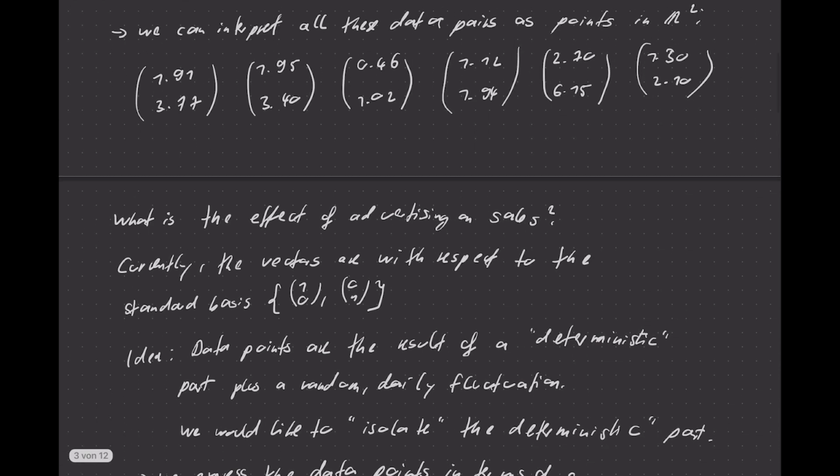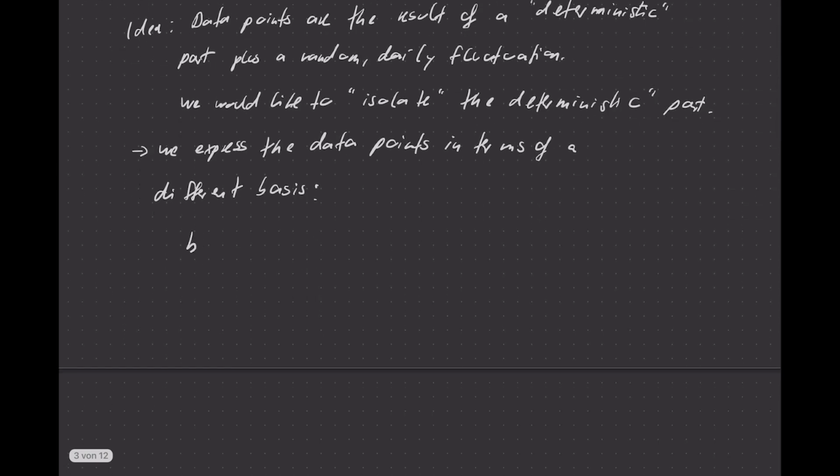The basis that we're going to use is B1 is (1, 2), and B2 is (2, -1). It's absolutely not clear how to get that basis, and it's also not clear yet what special properties this basis has.